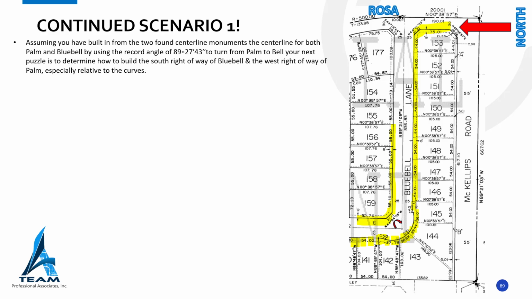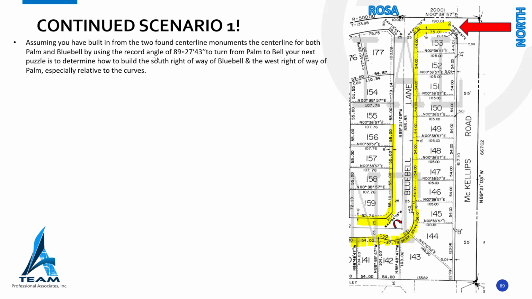By the way, when you're in ChatGPT, make sure your results are yielded in degrees, minutes, and seconds. If it just gives it to you in degrees, you will mess up. So, to turn from Palm down here, and up Bluebell. Apparently I've got a spelling error here. This should have been Bluebell.